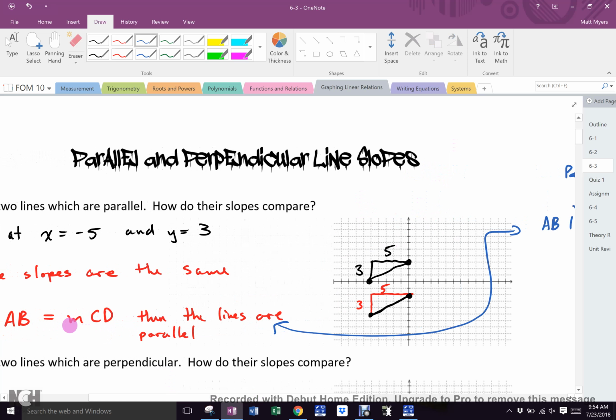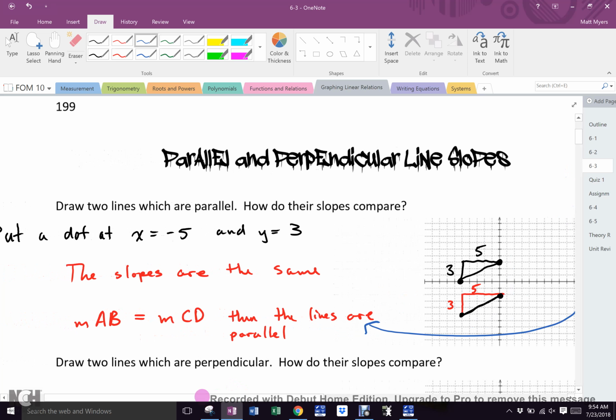Does everybody understand that it works both ways? If you know they're parallel, they have the same slope. If they have the same slope, then you know they're parallel. Right? Okay, parallel is the easy one.